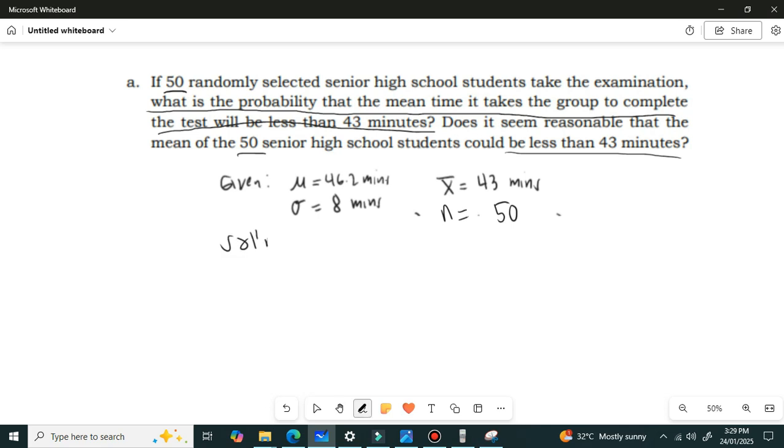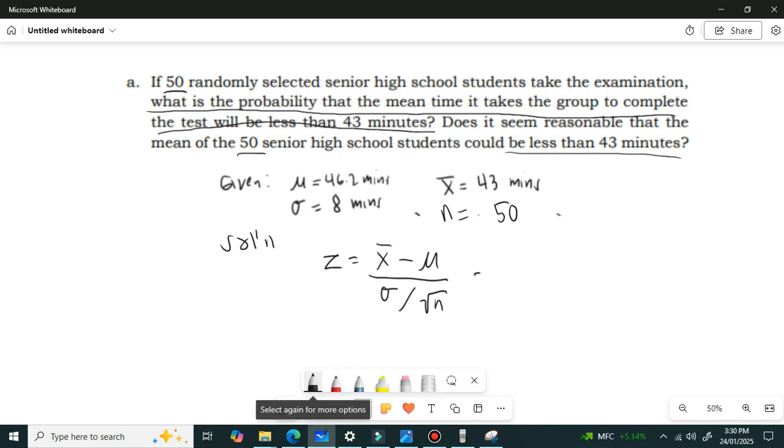For our solution, we will be using the z-score with the inclusion of the sample size. So the denominator represents our standard error from our previous lesson. Let us substitute the given to our formula. X bar is 43 minus the mu 46.2 divided by sigma 8 minutes over the square root of 50.